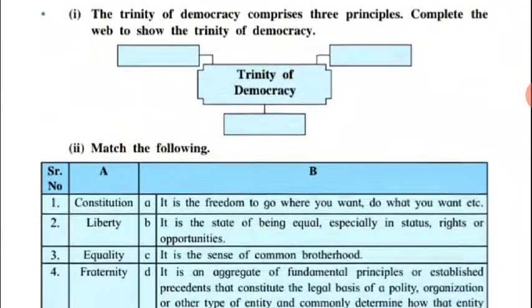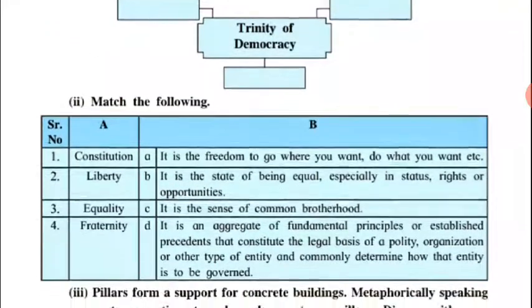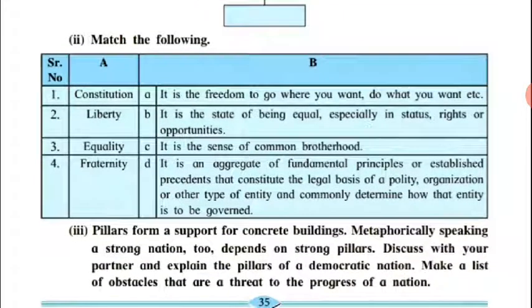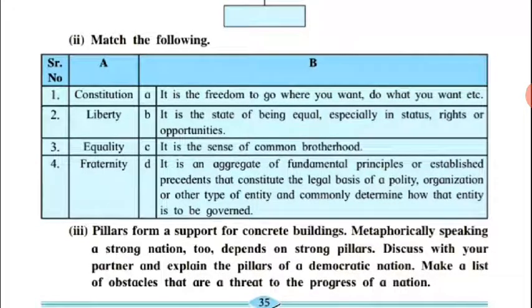Next activity is matching the following. Match the following. Column A and column B. In column A, four words are given: constitution, liberty, equality and fraternity. Now what constitution means?